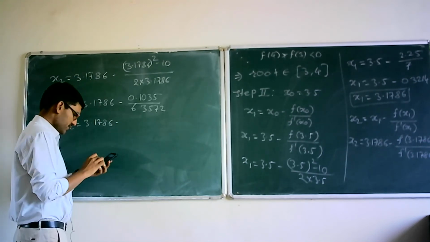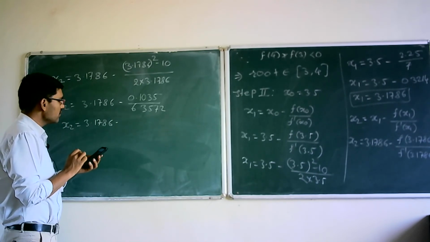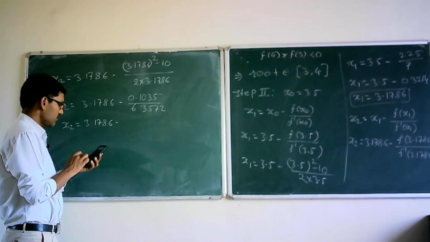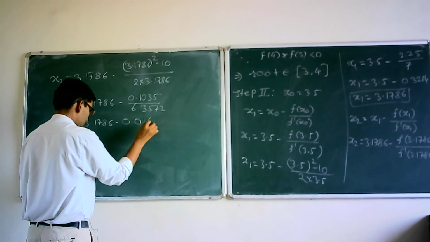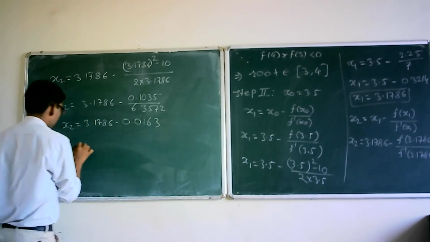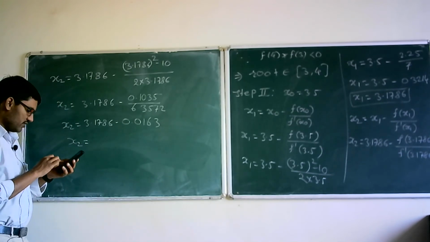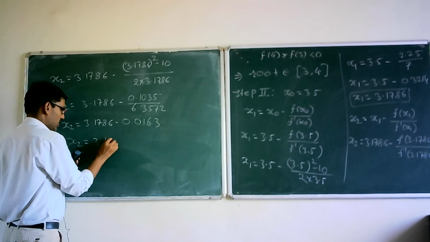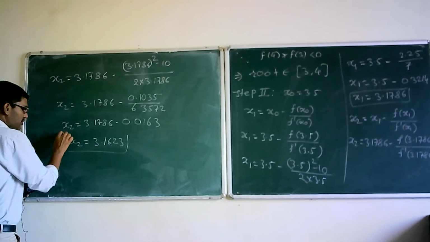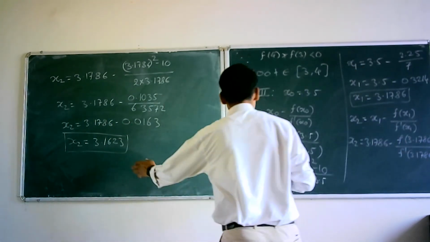If you divide 0.1035 by 6.3572, it is equal to 0.0163. If you take the difference of these two terms, 3.1786 minus 0.0163, you will get 3.1623.